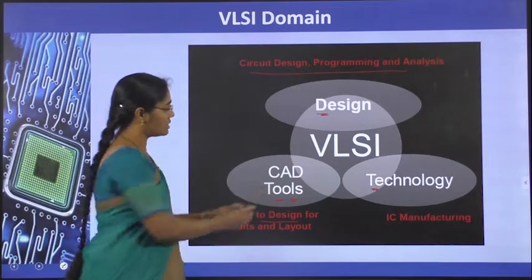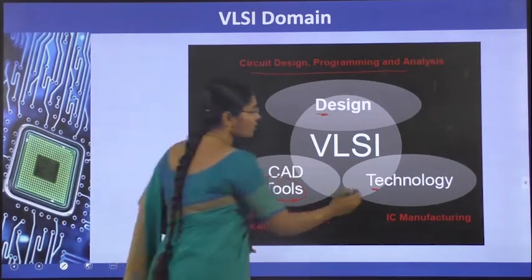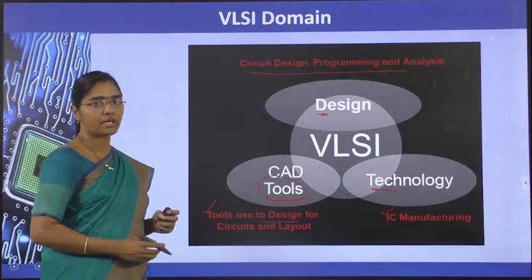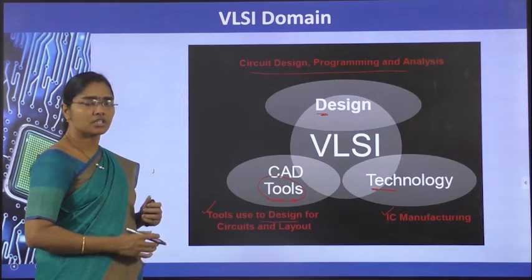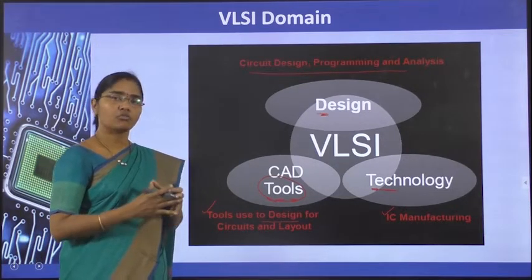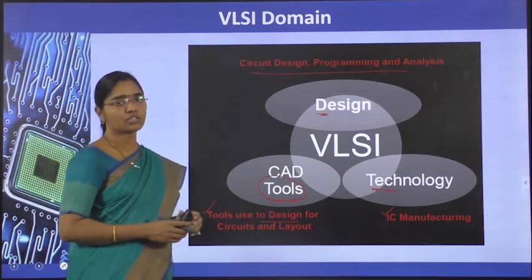This is dealing with the tools part, CAD tools. And the technology domain is working with the manufacturing part. That means if you want to go into industry to work in VLSI, one can choose any one of these 3 domains.